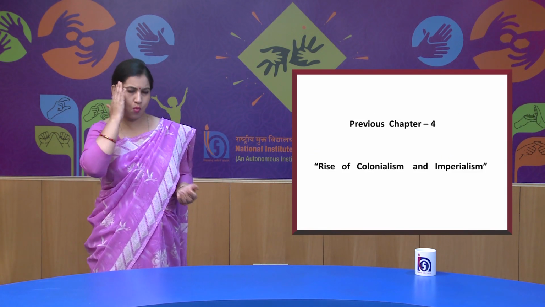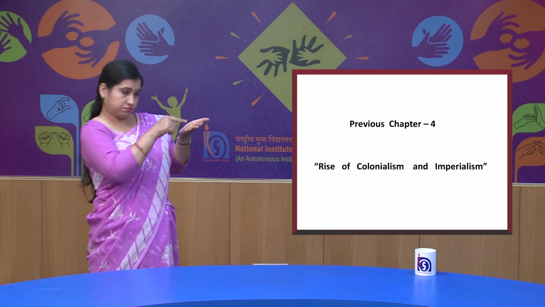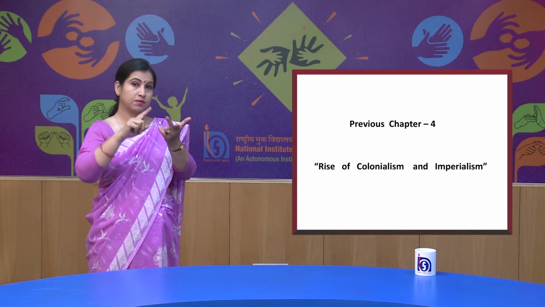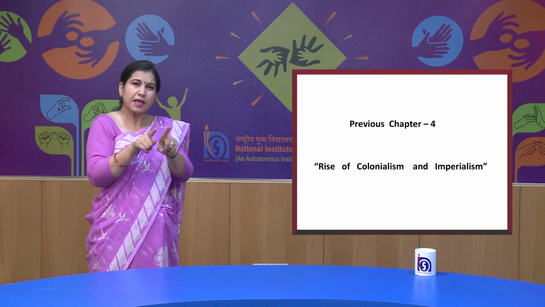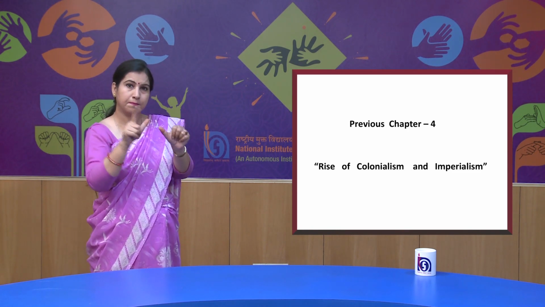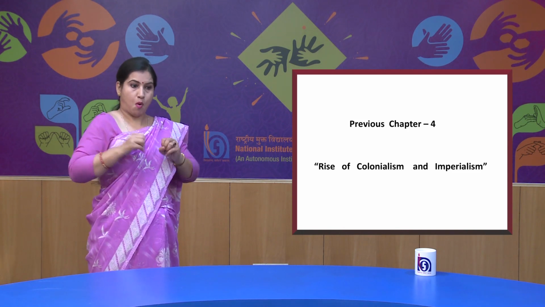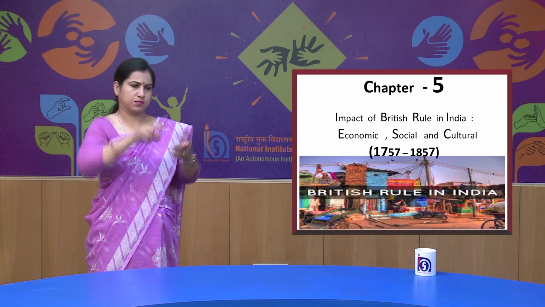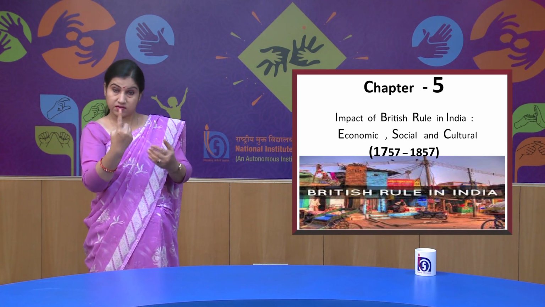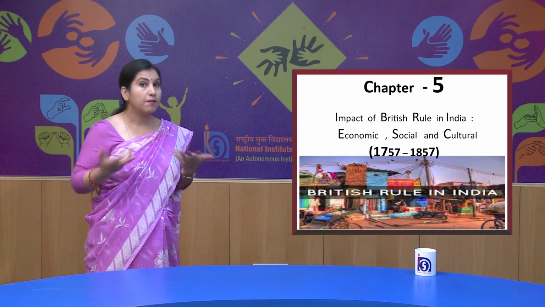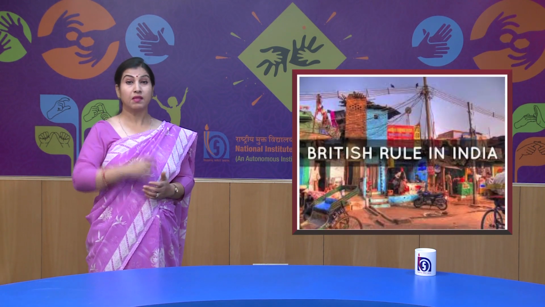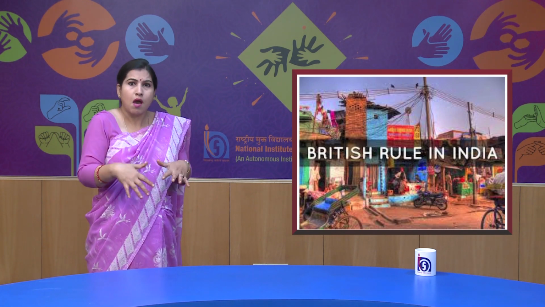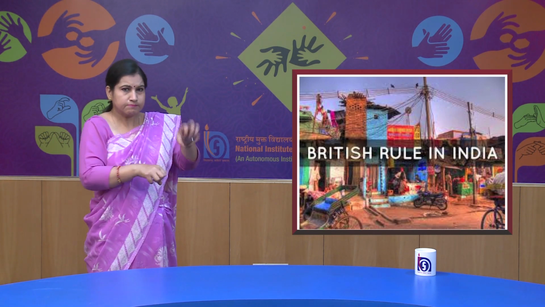As you know, in our previous chapter, we had discussed the rise of colonialism and imperialism in the world. In today's video lecture, we will study part one of chapter 5, that is, the coming of the British to India and the process of India's colonization.